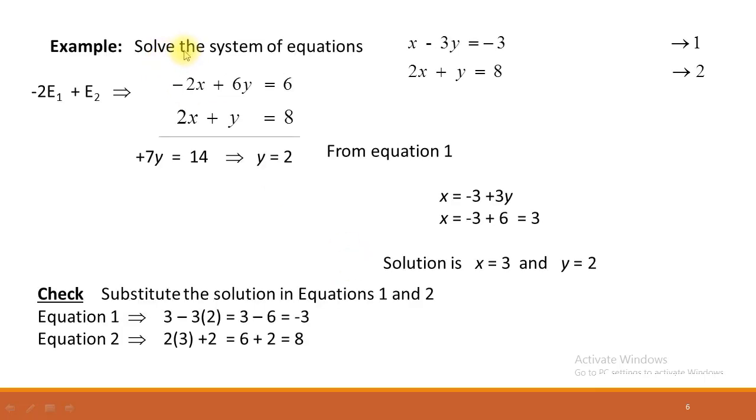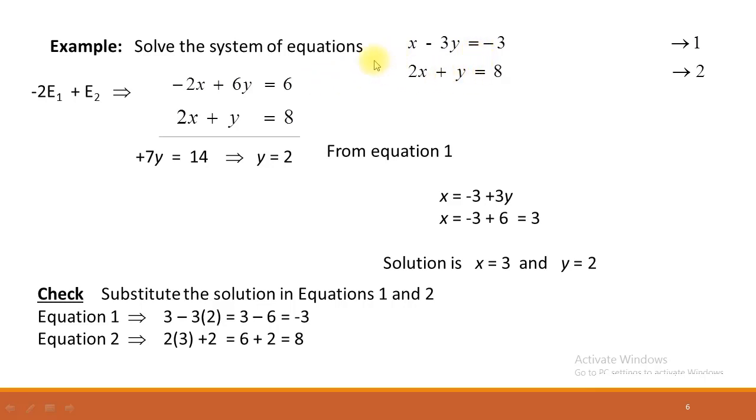Now suppose we have an example: x minus 3y is equal to minus 3, this is equation number 1, and 2x plus y is equal to 8, this is equation number 2. To solve this system of linear equations, in this system we have two linear equations.